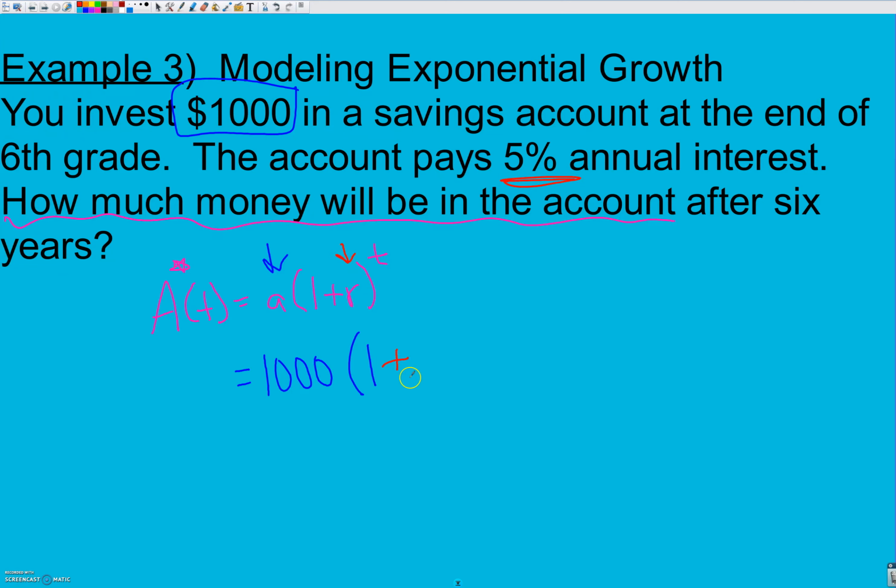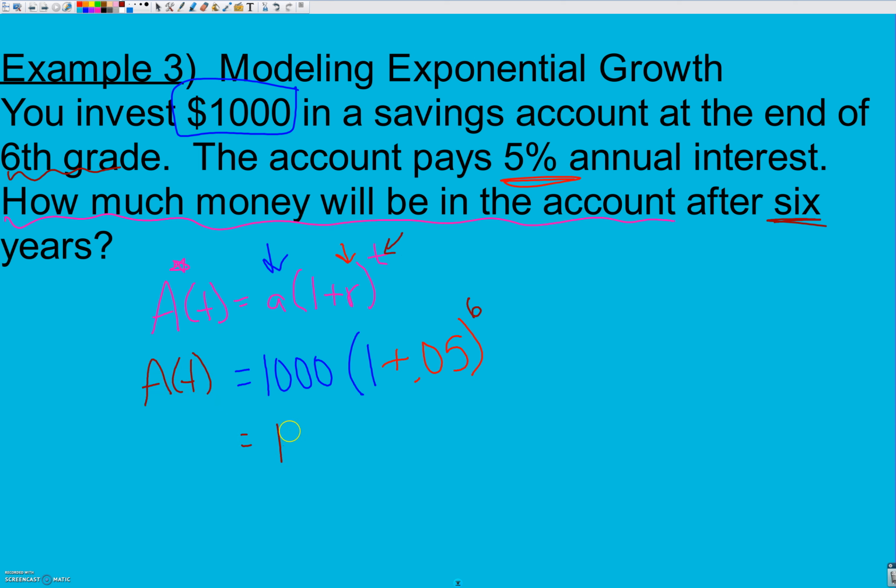And remember, it has to be as a decimal, so 0.05. T we can figure out. If we started at the end of 6th grade, how much will it pay after 6 years? Which means when you graduate, 6 is time. And we're looking for A of t.